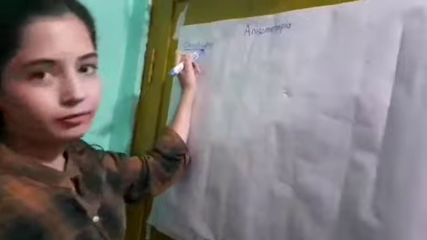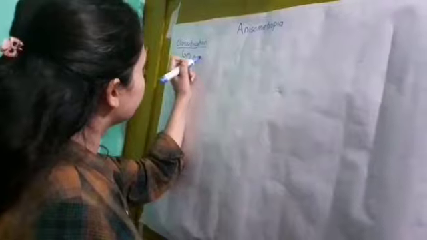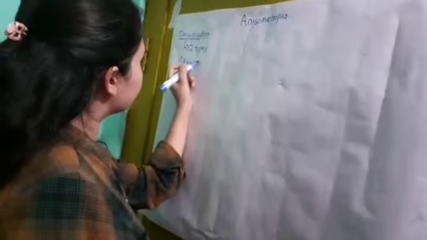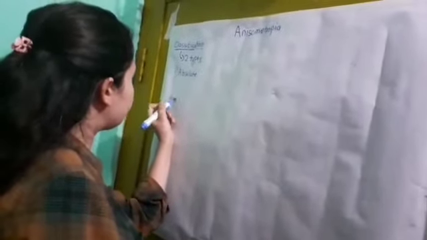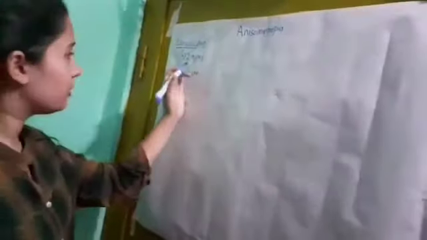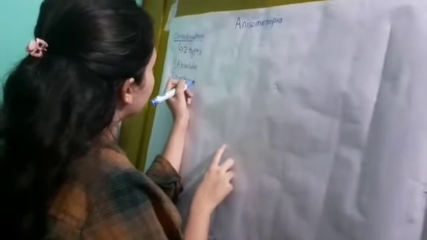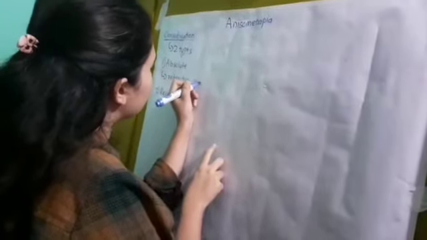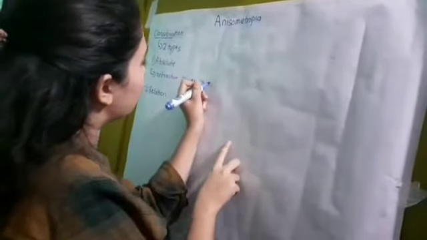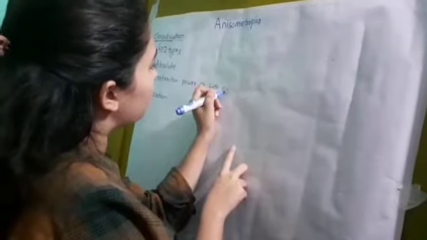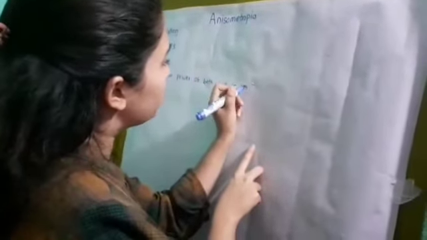Now let's go through the classification of anisometropia. It is of 2 types: one is absolute and another is relative. In absolute anisometropia, the refractive power of both eyes is unequal.